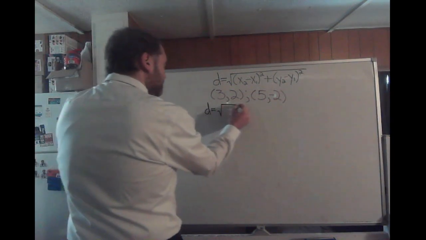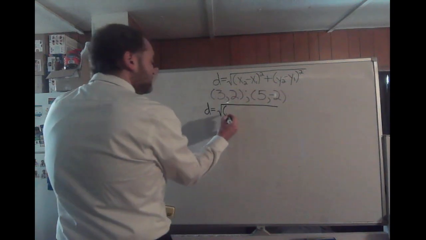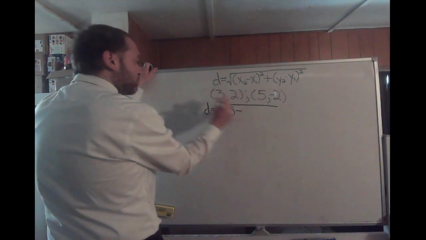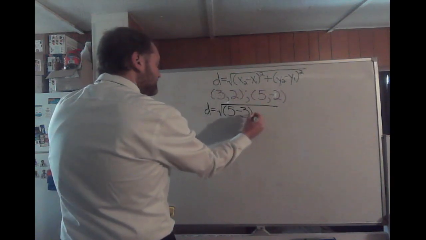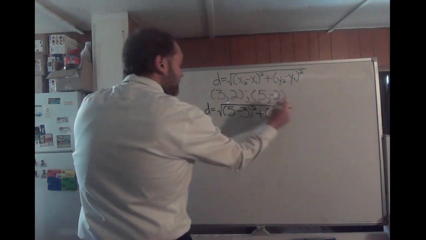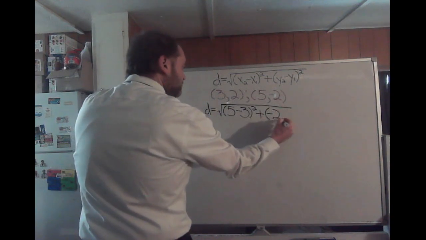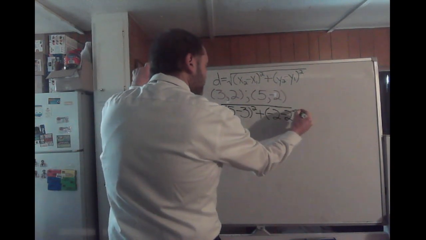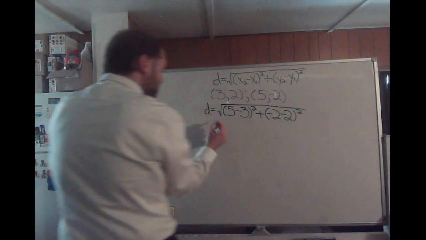So of course, start with your square root symbol. You'll take your second x coordinate of 5 minus your first x coordinate of 3, raise all that to the second power. Plus now you'll take your second y coordinate of -2 minus your first y coordinate of 2, raise that to the second power.